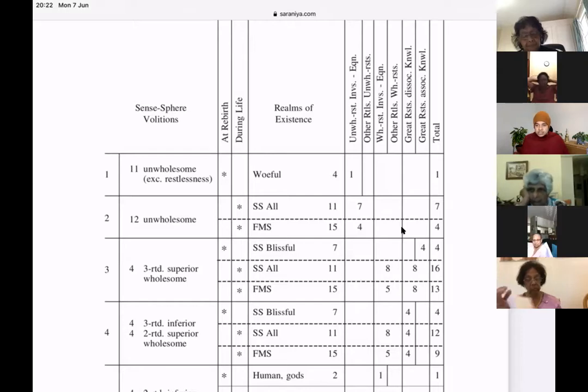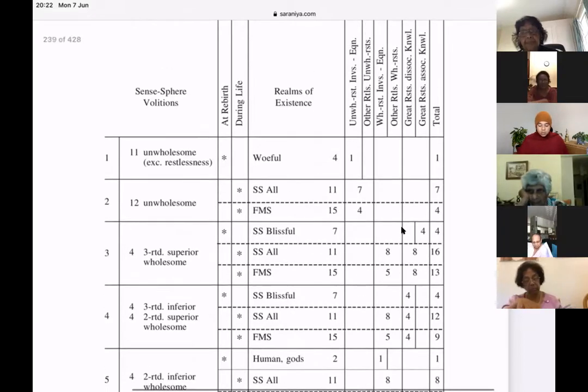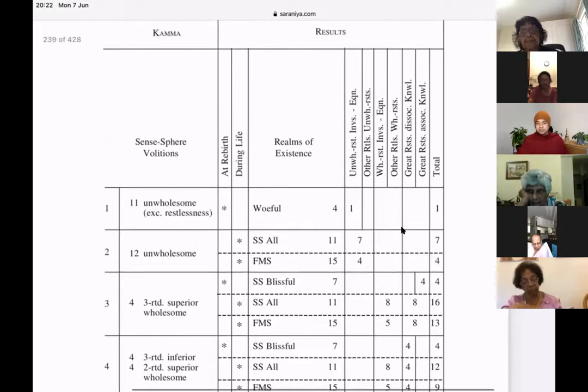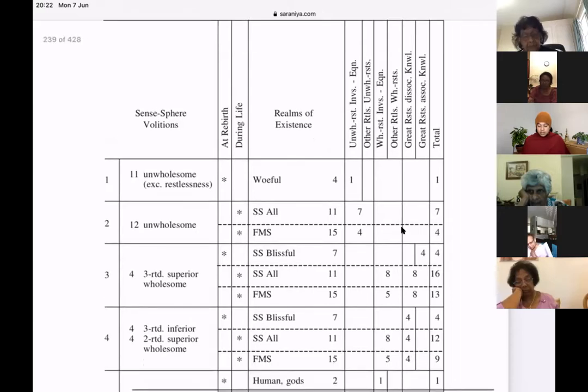What are the consciousnesses that can arise within the fine material sphere? Then we know there are certain consciousnesses that cannot arise, specifically those regarding the faculties which do not exist within the fine material sphere. Now, if we take that, then how would it arise?